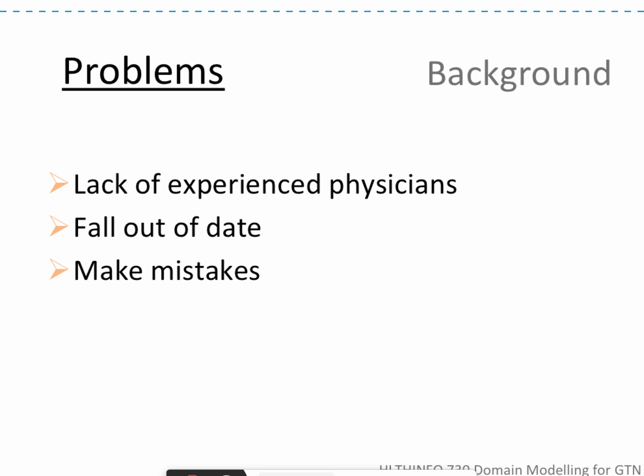There are some problems of diagnosis and treatment for GTN. Lack of experienced physicians is a worldwide problem, and even experienced physicians can fall out of date and make mistakes.